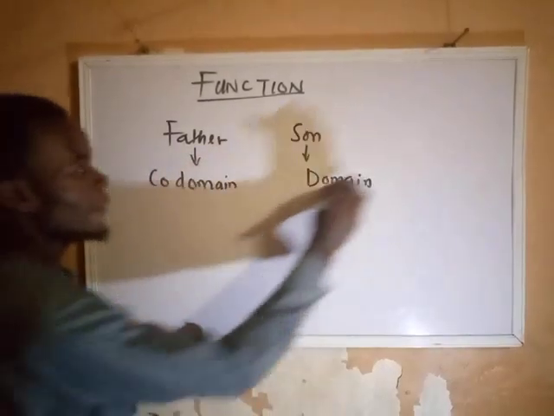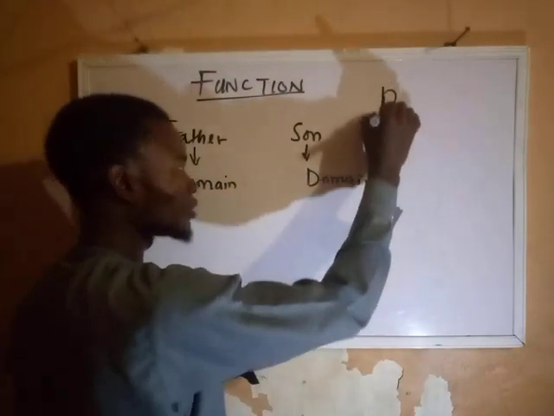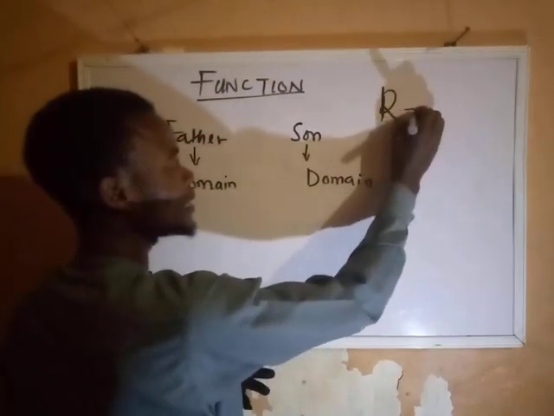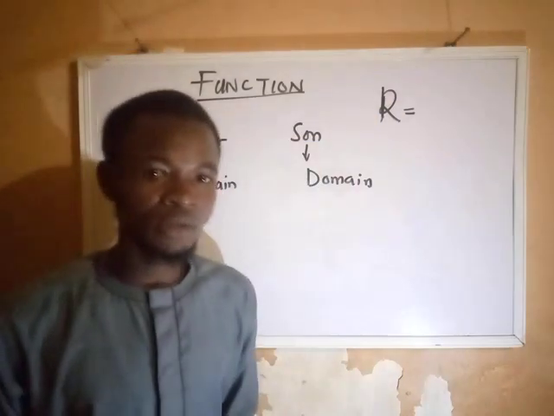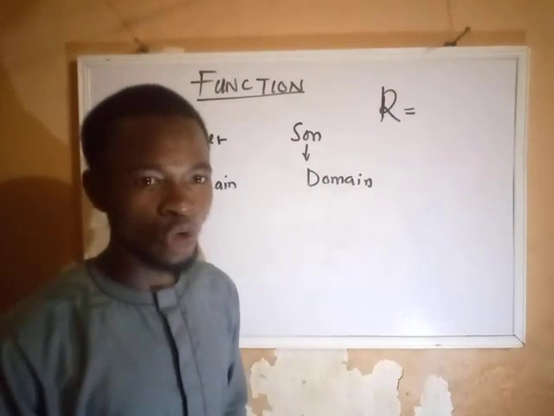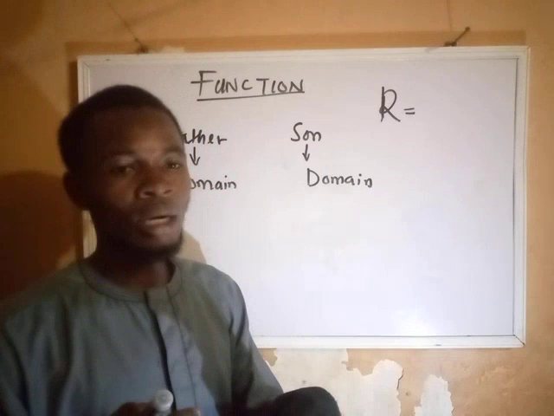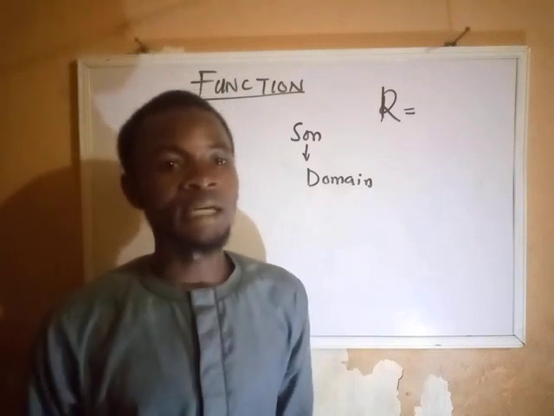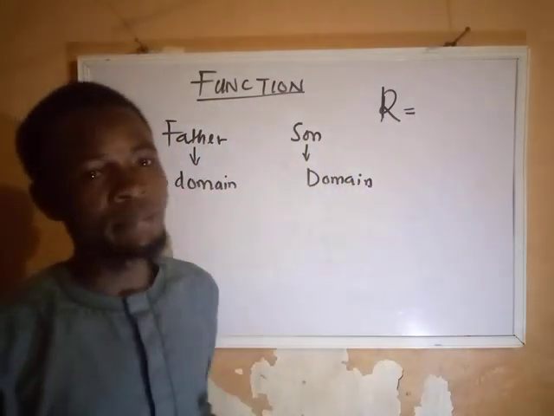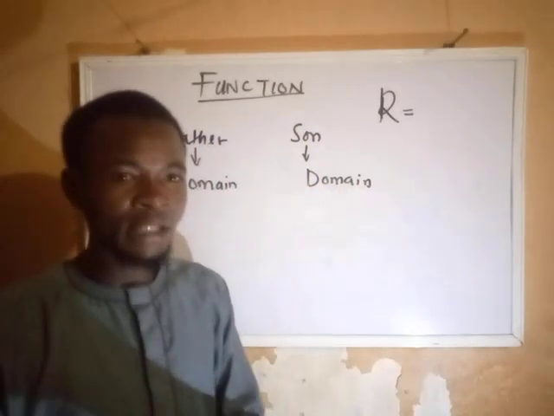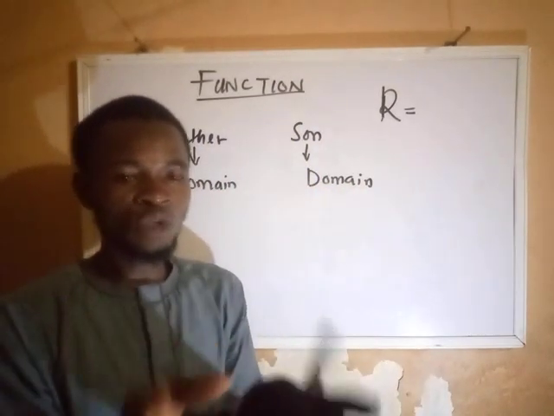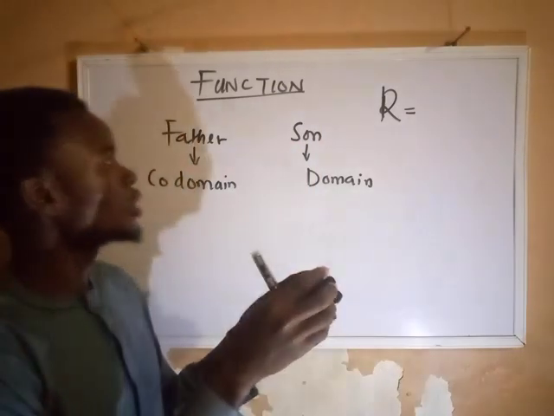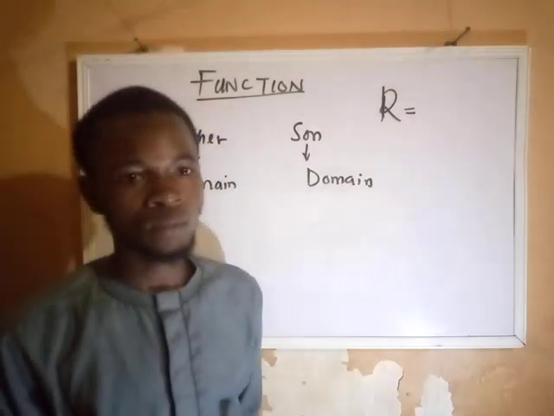The real number in mathematics is given as R. The real numbers are the numbers that can be positive, negative, zero, fraction, rational number, irrational number, and others like that. They are real numbers. So when the elements of a codomain are a set of real numbers, we call it a function.